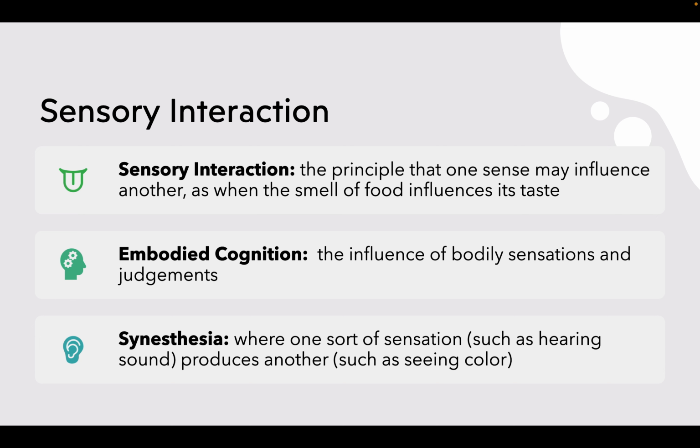If we were to plug our nose and blindfold ourselves and be fed different types of food, we might have a harder time identifying those foods based off of our taste alone. The interaction of the different senses is really what promotes our ability to understand the world around us.